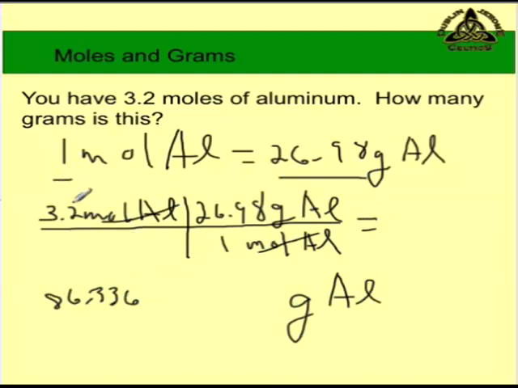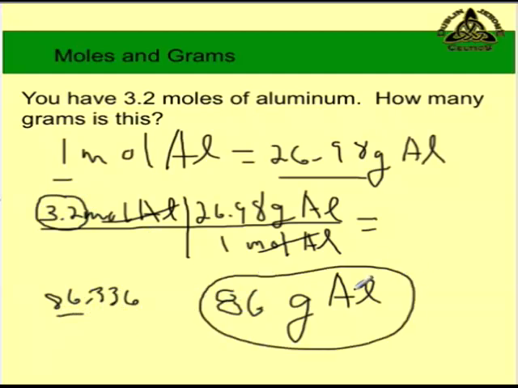So the term we're going to use to determine how many sig figs in our answer is this first number over here, which has 2 significant figures. So we take the number we wrote down a moment ago, 86.336, and round this off to 2 significant figures. We'll have 86. Since this number here is a 3, the 6 remains a 6, so our answer then is 86 grams of aluminum.